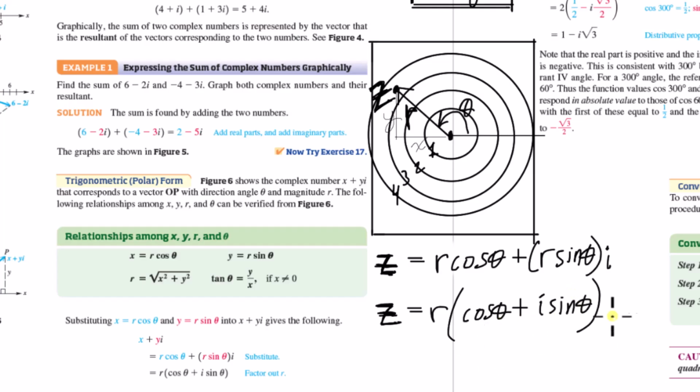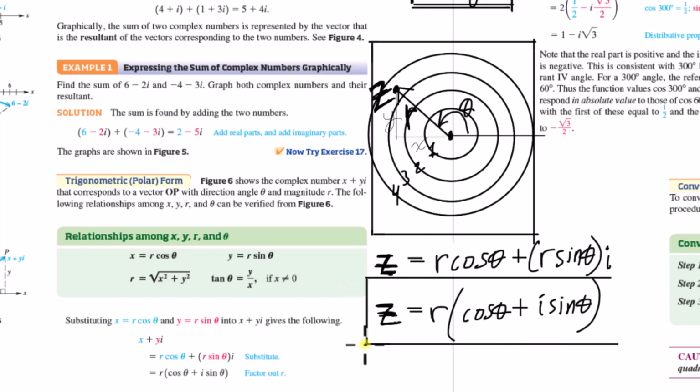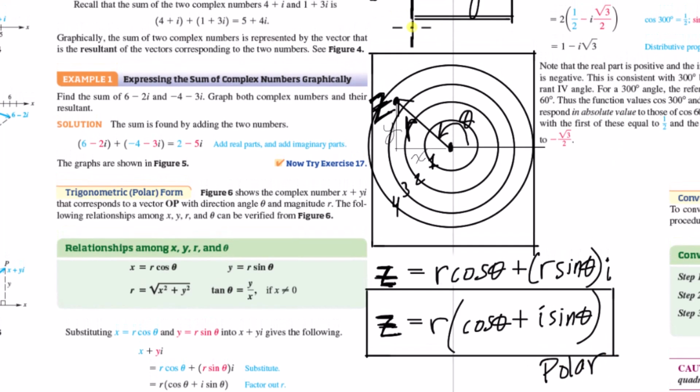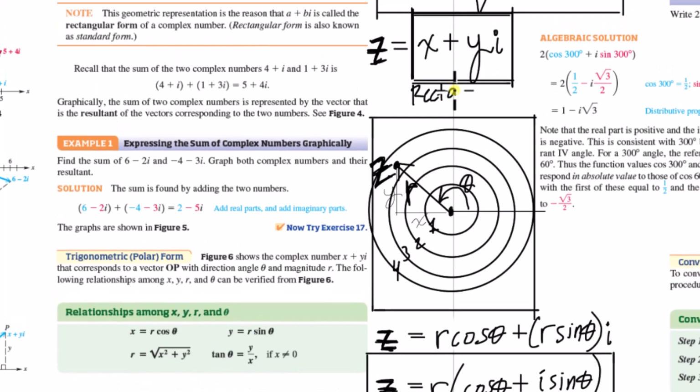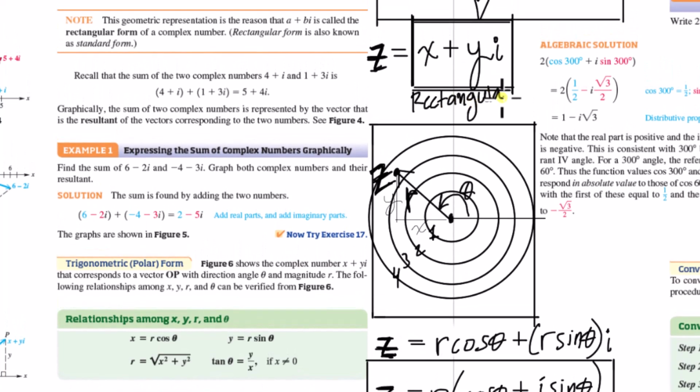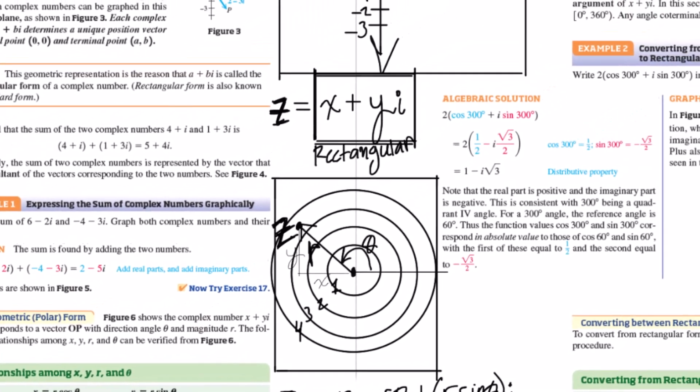And that's it. There you go. There's the polar form of a complex number. Here's polar, and here is rectangular. That's it.